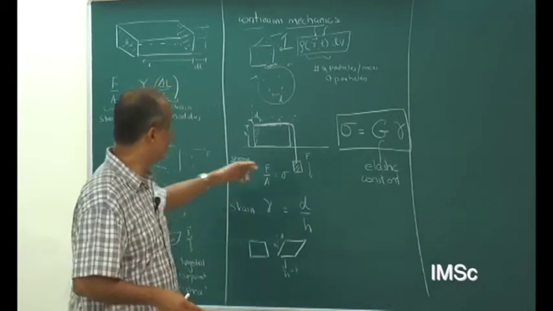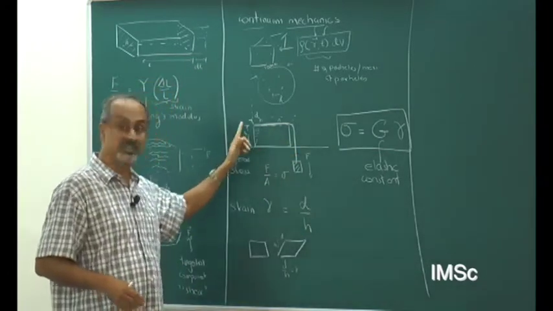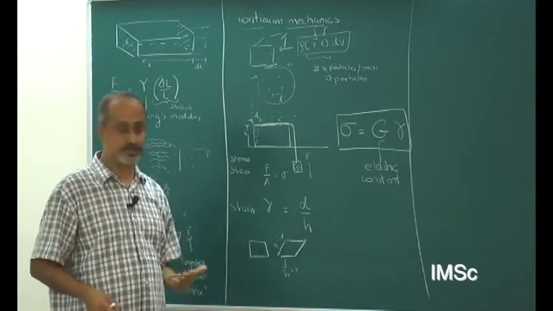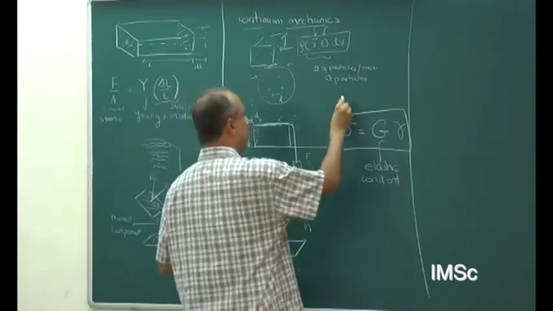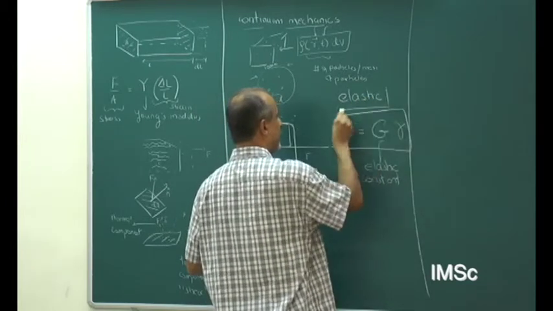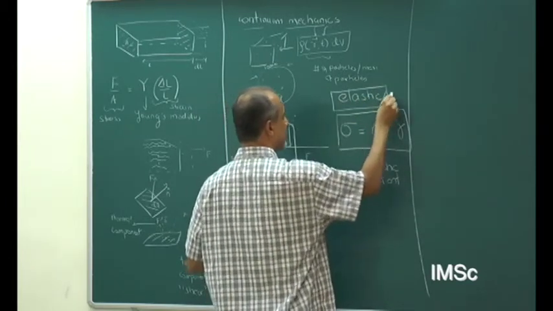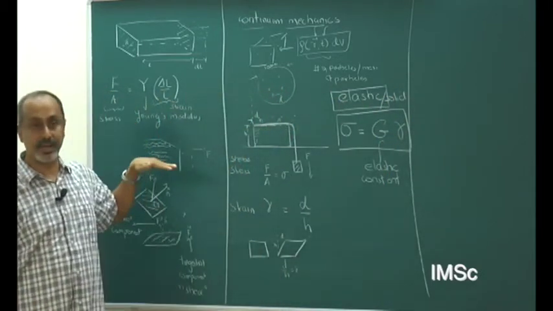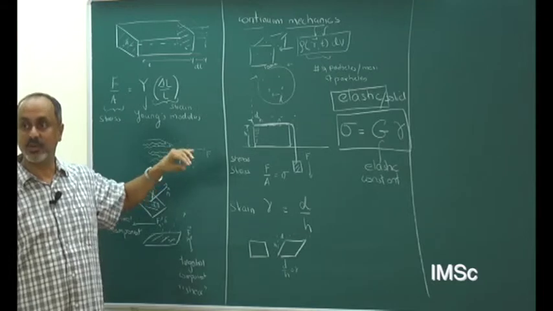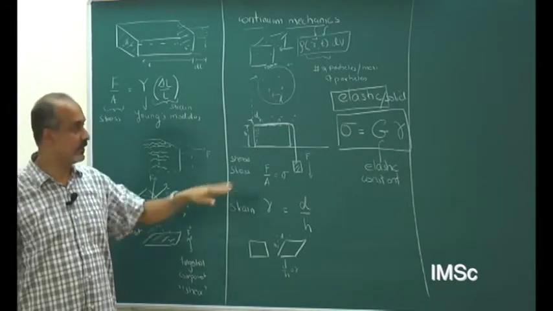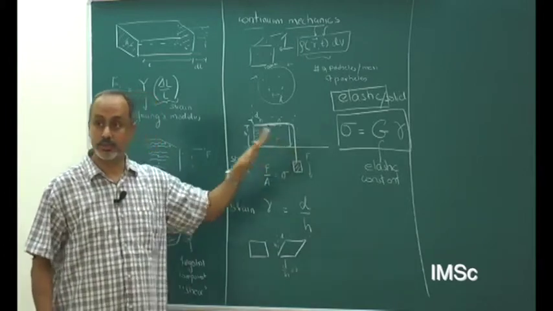So similarly, if I just cut this, then this switches back. So this is an example of a material which is elastic. And an elastic solid material is something that snaps back to its initial position once I remove the strain that I am applying, the stress that I am applying to deform it.